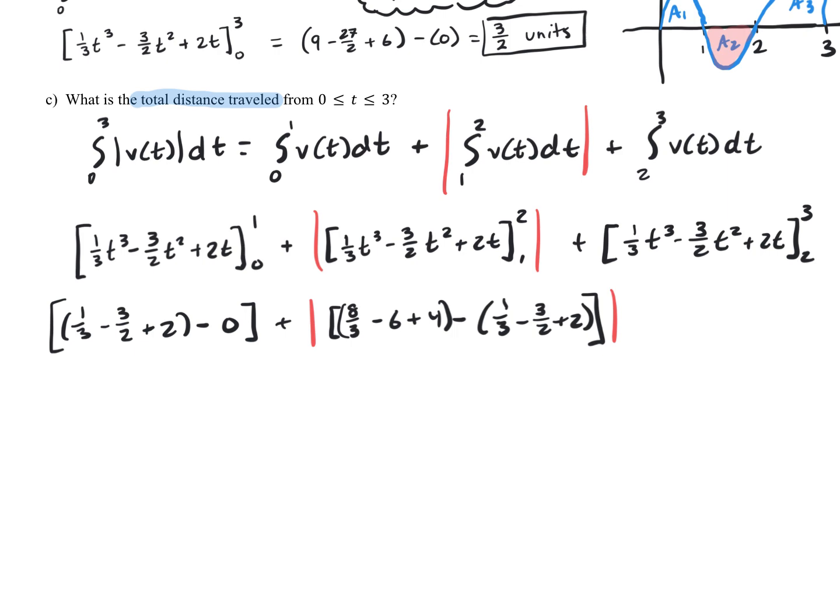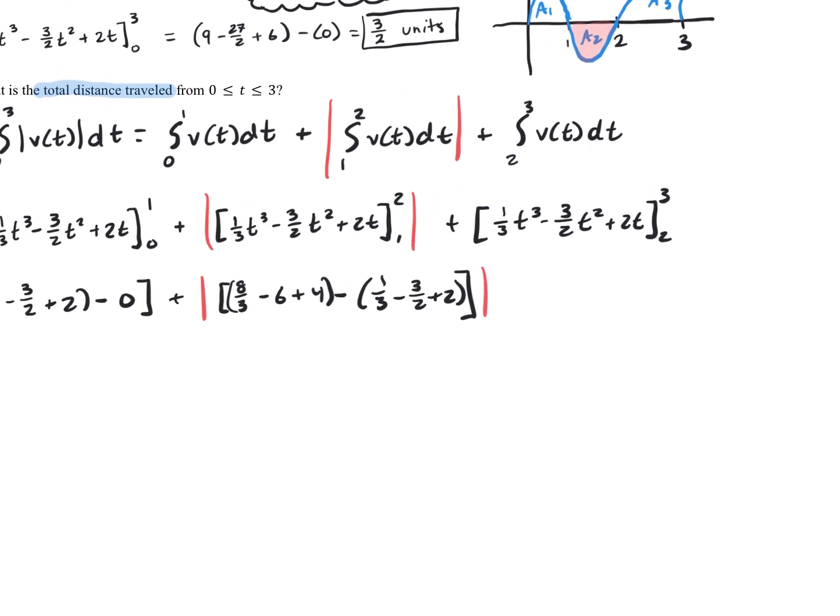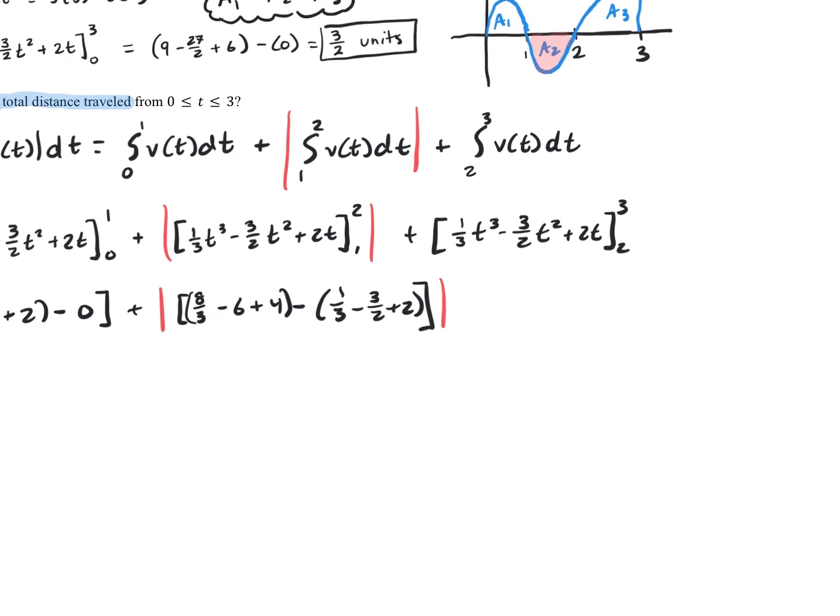Again, absolute value of that, because we know that that portion is negative, so we want to make sure it ends up being positive. And then we have plus, let's see, 27/3 minus 27/2 plus 6 minus 8/3 minus 6 plus 4.